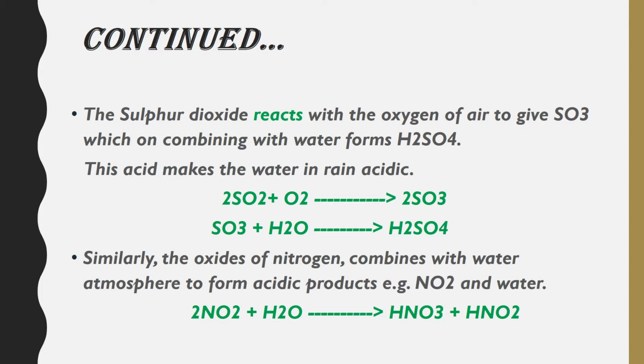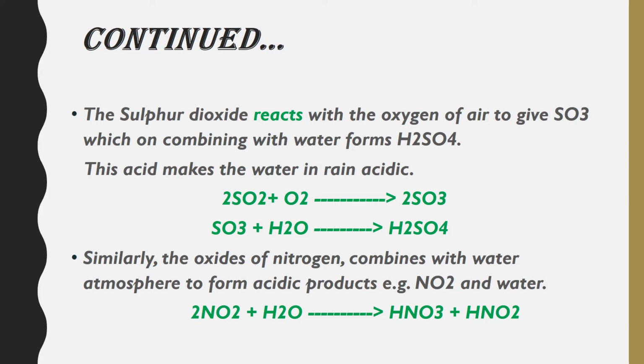Now you can see the chemical reaction: 2SO2, sulfur dioxide, two molecules combine with oxygen and make 2SO3. This sulfur trioxide combines with water, H2O, and then gives H2SO4.